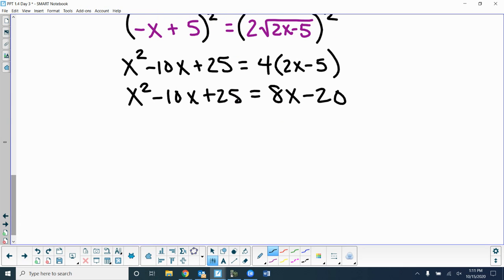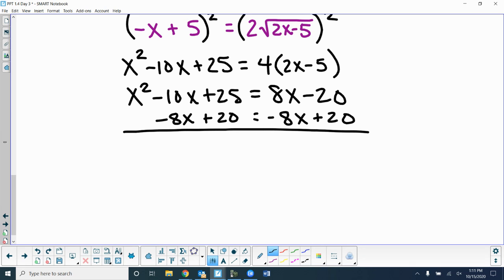Yeah, but we would subtract, right? And move the 20. It's a quadratic, so we're going to set it equal to 0. So we got our 0 on the right. 25 and 20 is 45. Negative 10 and negative 8 is negative 18. And then our x squared.